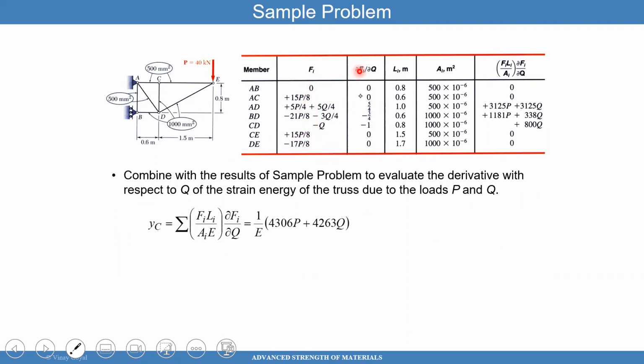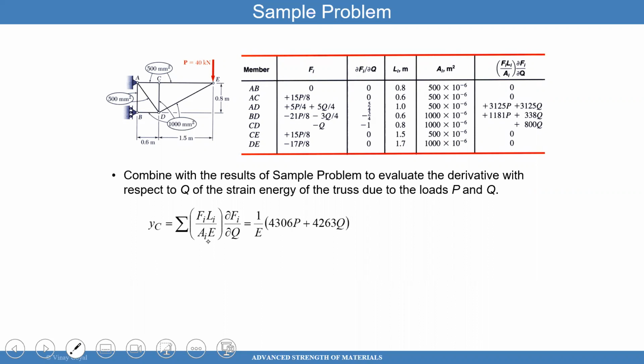Then I find the derivative of F with respect to Q, which is part of what we need to do. And I get these numbers, I know the lengths, I know the areas. You're pretty much done. Your deflection now is the partial of the energy with respect to Q. Remember, energy equals what? F squared times L divided by 2EA.